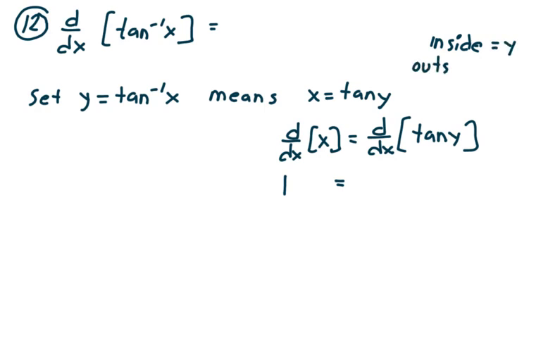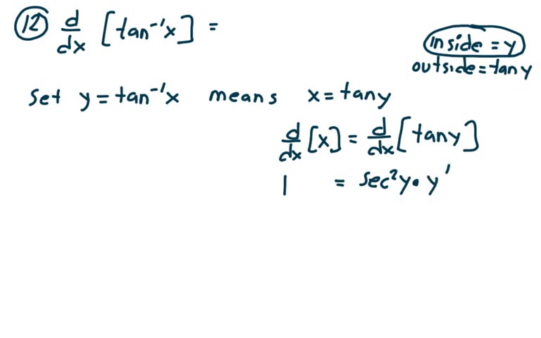The outside is tangent of y. So it's the derivative of the outside evaluated at the inside, and I'm going to multiply that by the derivative of the inside, which is y prime. So y prime is 1 over secant squared y.